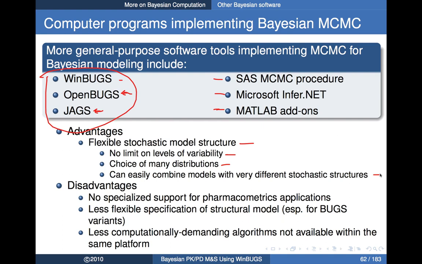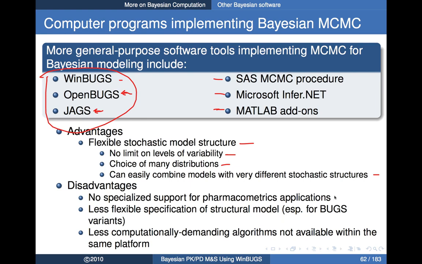It's also very easy to combine models that have very different stochastic structures. That gives you a lot of flexibility for combining models for in vivo outcomes, preclinical outcomes, and clinical outcomes, where things like inter-individual or inter-experiment variation mean very different things, and that would otherwise be very difficult to do in something like NONMEM.